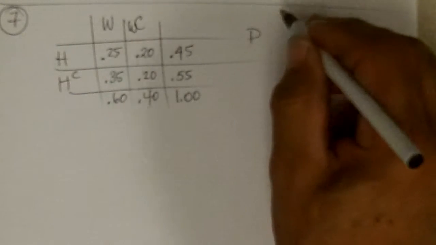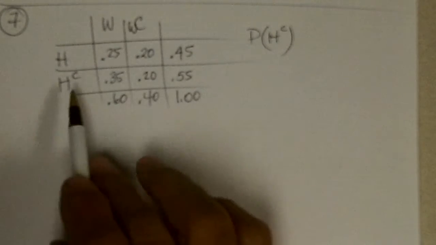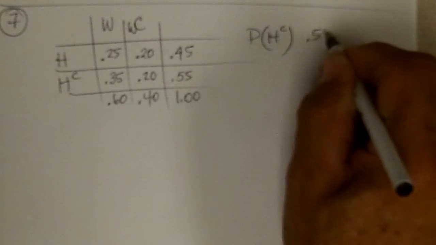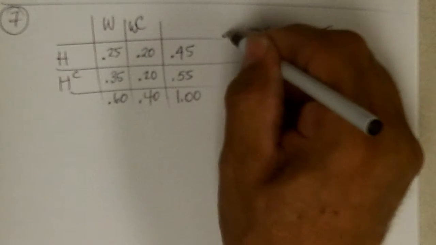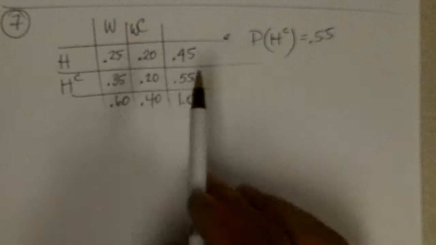I did that. Determine the probability of H complement. It says not H, which is H complement, which is 0.55. That's B. Well, it says E, but that's the second thing. Then the third one is A, I don't know why, but anyway. Determine the probability that a man or a person of Hispanic descent is elected president.